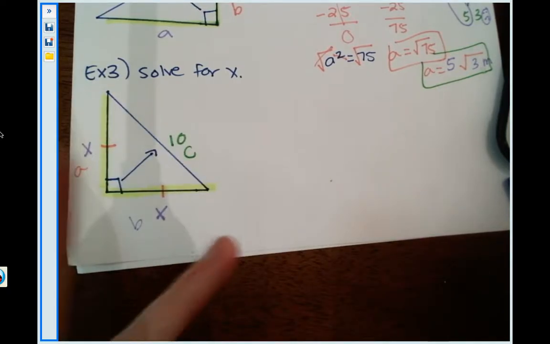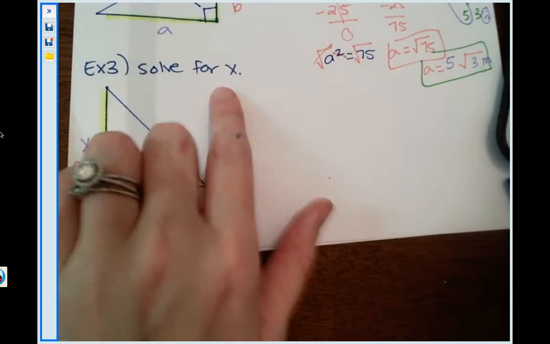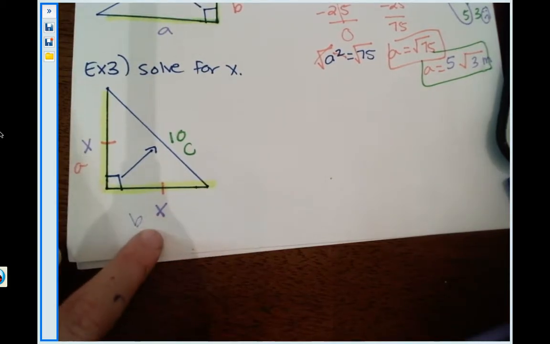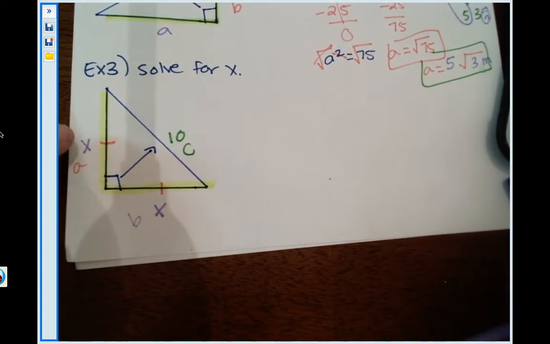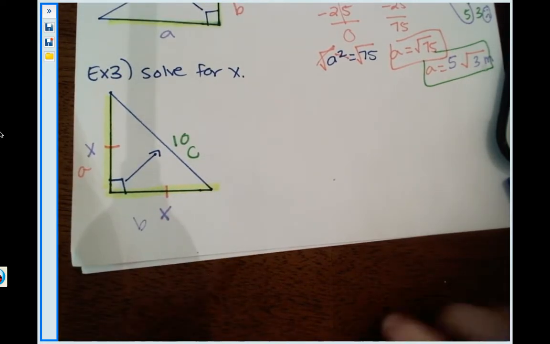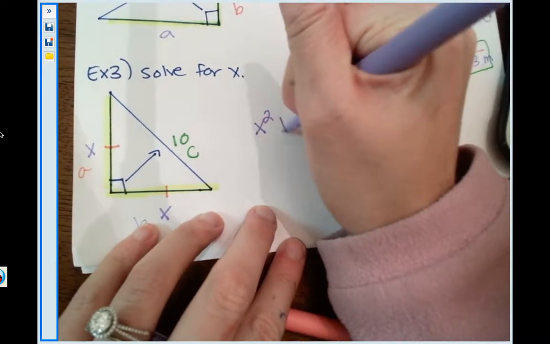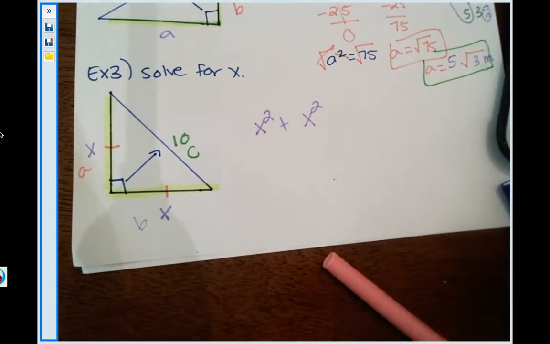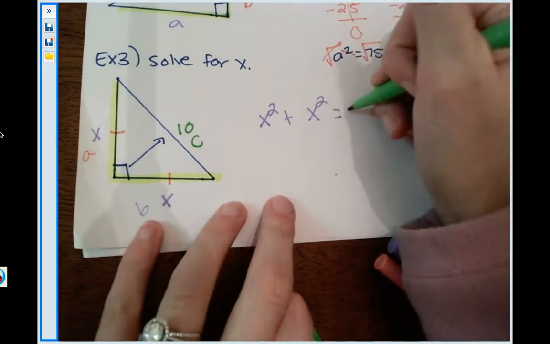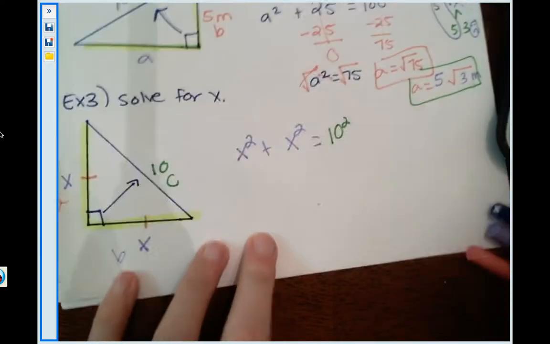Alright guys, from here we can set this up and solve for x. Let's do it. We're going to have a squared plus b squared, which in this case is x squared plus x squared, equals c squared, and my c is 10. Yay! 10 squared.